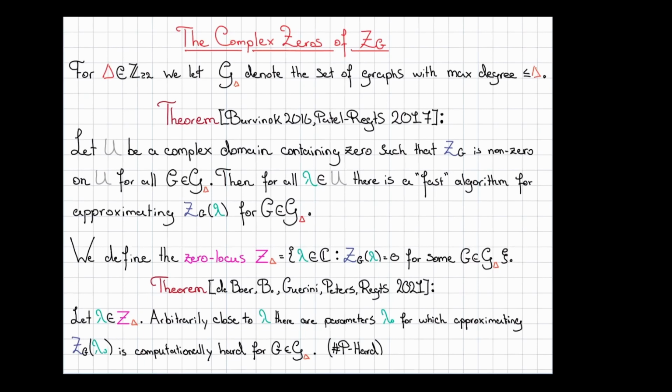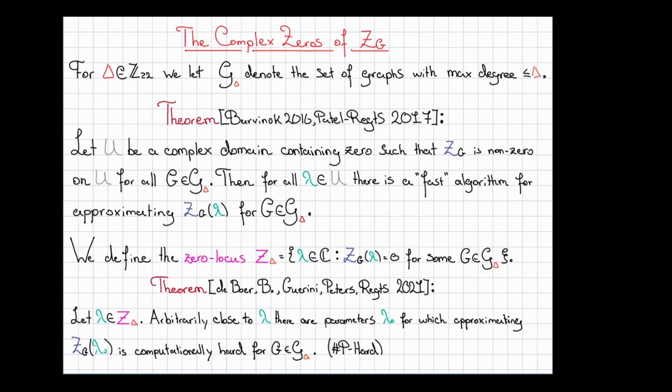And the technical term is that it's sharp-P hard, so that it's even harder than NP hard to approximate these polynomials evaluated at that particular parameter.